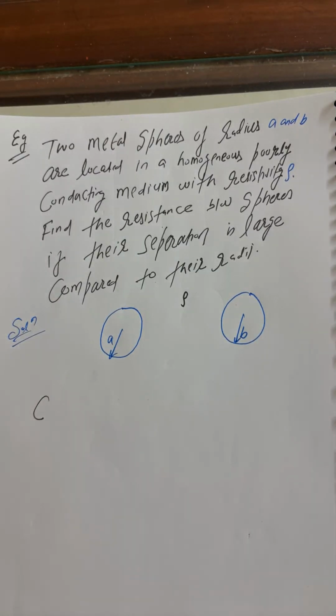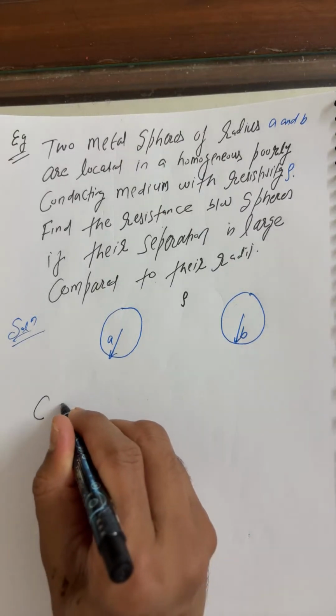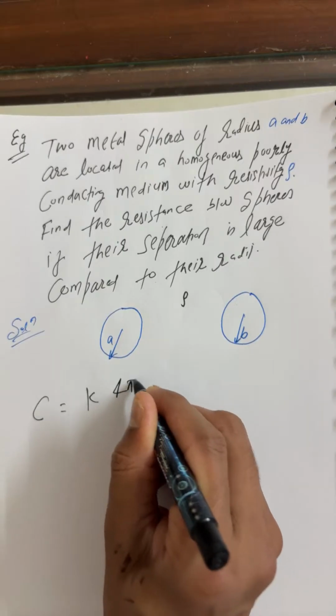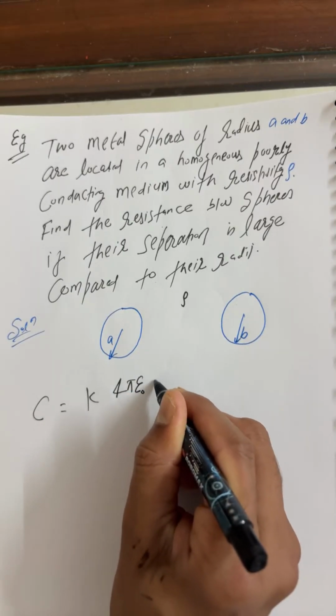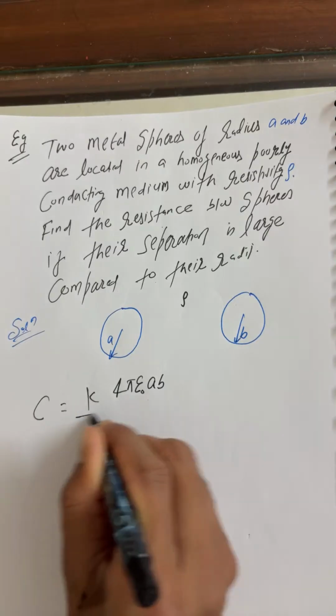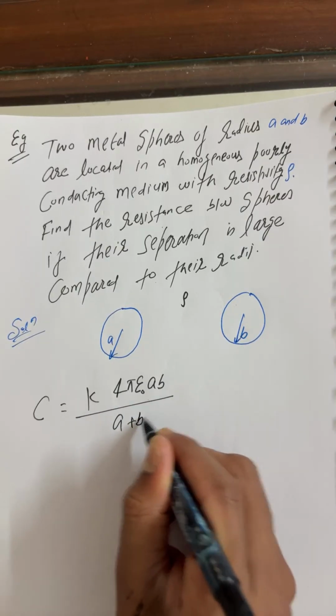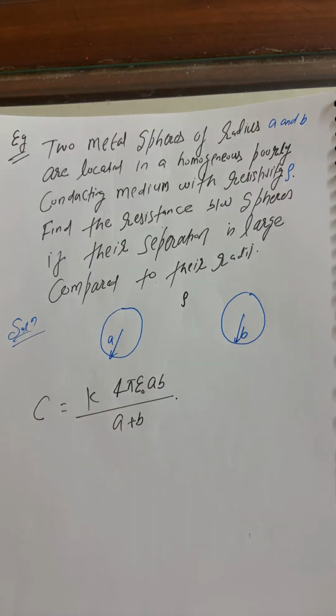So C is equal to K times 4 pi epsilon naught AB upon (A plus B). This is the capacitance of the spherical capacitor.